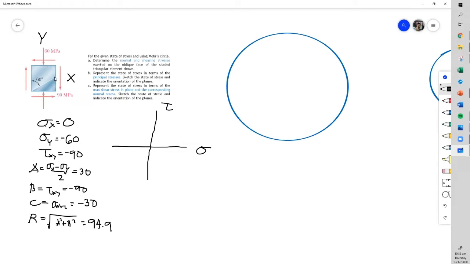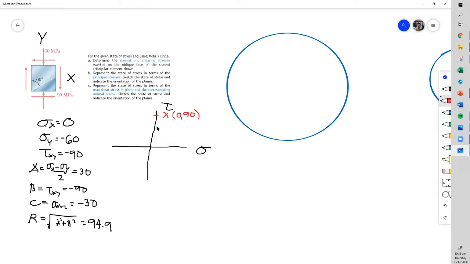So X is 0 and positive 90 kasi clockwise. So therefore, pinlot natin yun, it would be somewhere here. 0 and positive 90. So 0, 90. Okay? And then si Y naman, negative 60 yung sigma niya, sabi natin dito. Tapos itong tau, which is also 90, ang kinukos naman niya ay counterclockwise. So therefore, this is negative.